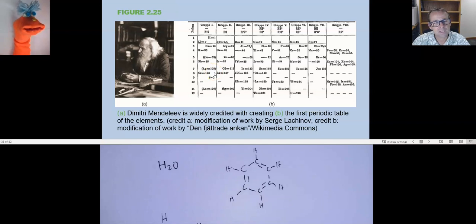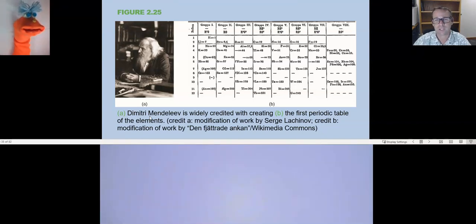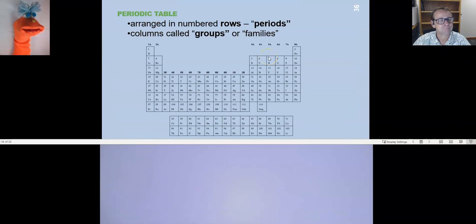And because of this work that Dmitri Mendeleev did, Mendeleev is often referred to as the father of the periodic table, although there are others that would dispute that, and there were others definitely that were involved in trying to organize all of our elements together.